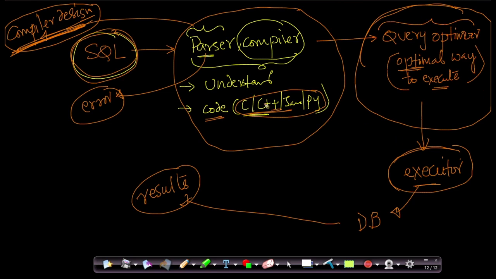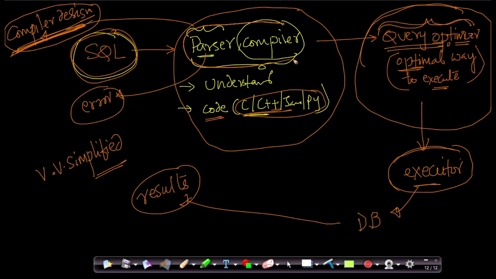This is a very, very simplified view, trust me. I'm just informing you of this because there is something called a query optimizer which internally optimizes your queries. Every database, MySQL, IBM's databases, Oracle's databases, will have a different query optimizer. The parser and compiler part will also differ in each implementation.